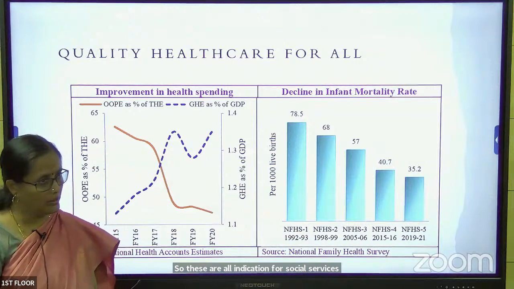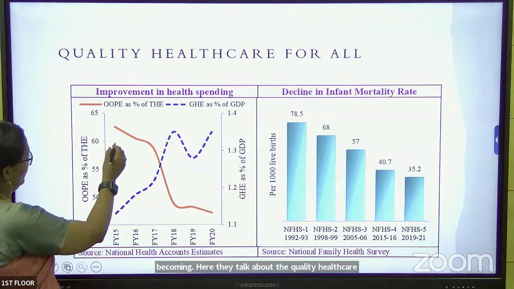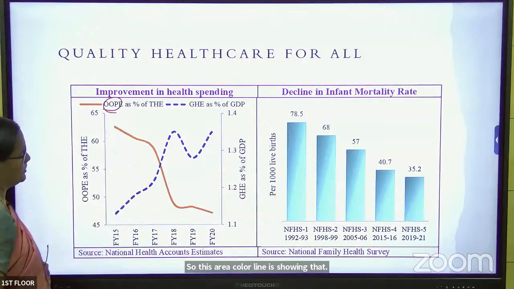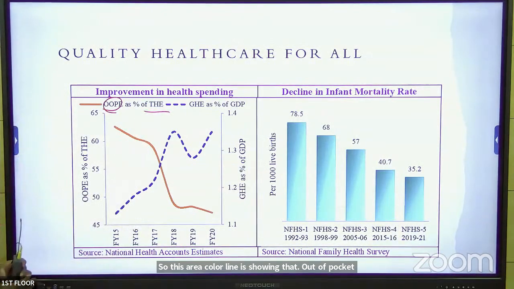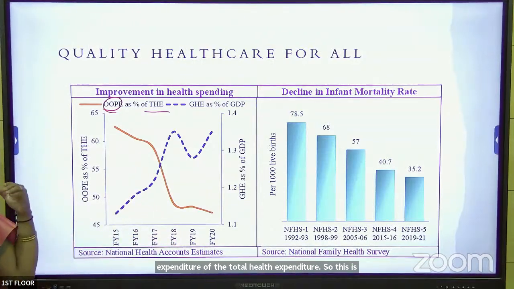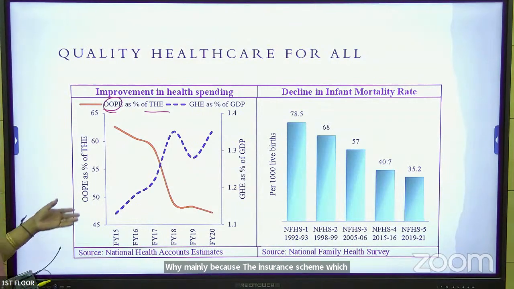Here they talk about quality healthcare for all. This yellow line is showing the out of pocket expenditure as a share of the total health expenditure. So this is coming down. Why? Mainly because of the insurance schemes which the government is giving to the people.